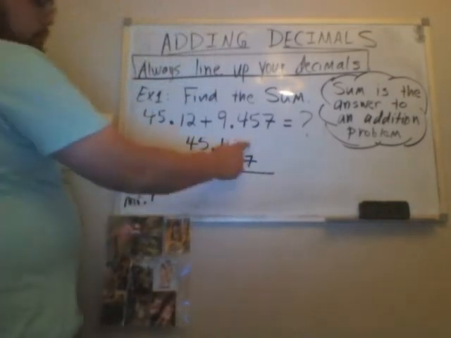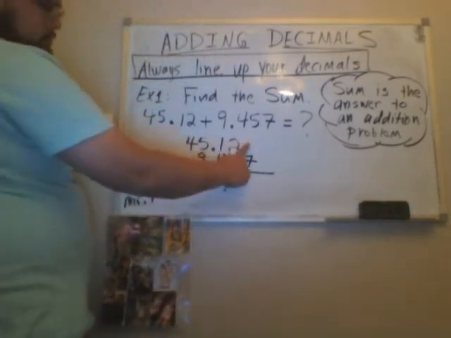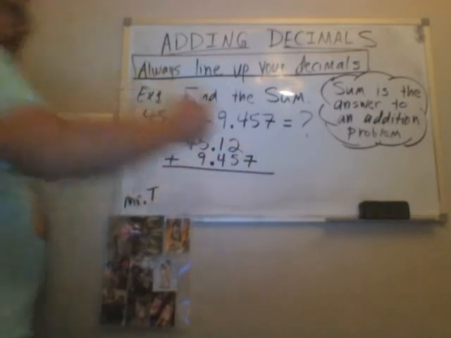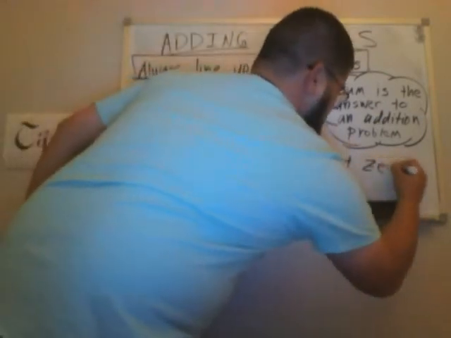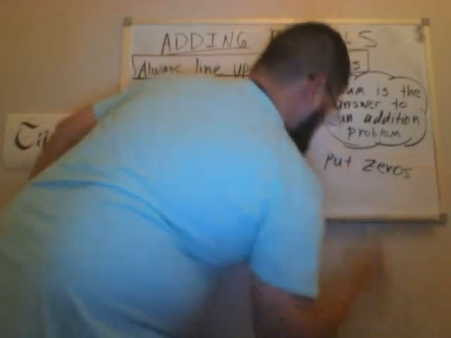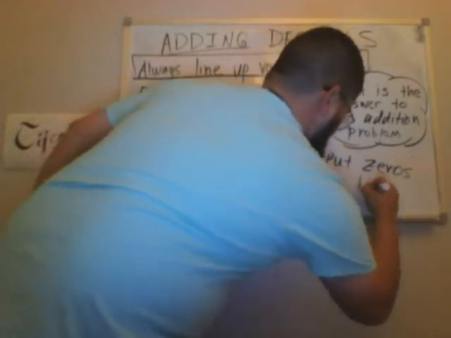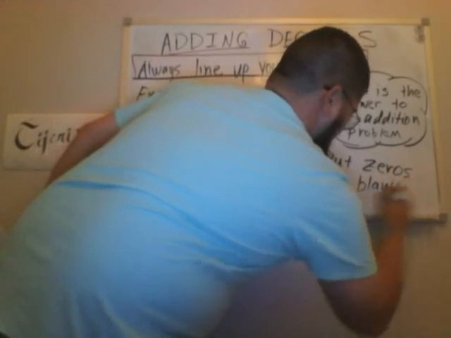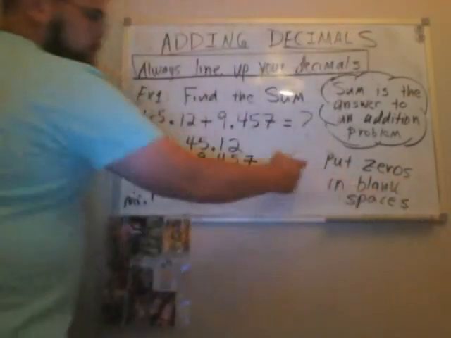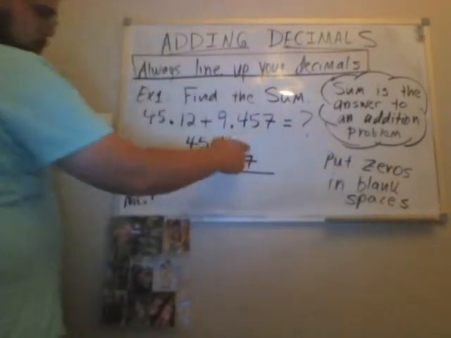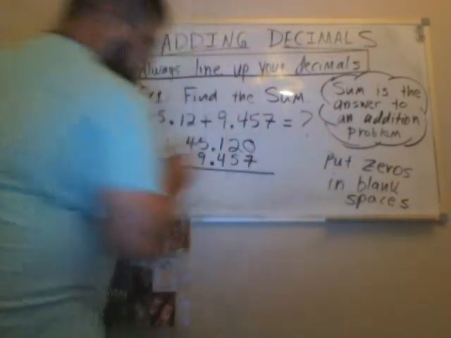Now, what do we put in blank spaces? I'll write that over here. Put zeros in blank spaces. Okay? Right here we have a blank space. We've got to put a 0 right there.